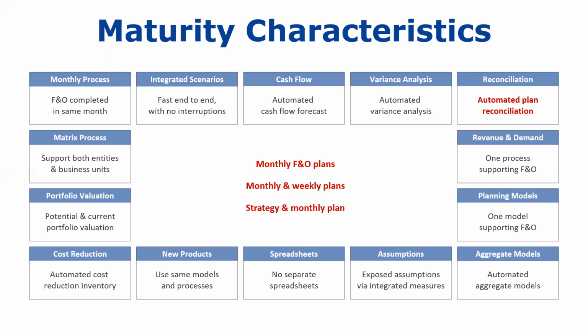Likewise, one of the other things that's not the best in a lot of processes is the reconciliation between the monthly operational process and the weekly plans. So in a lot of cases, how these monthly processes are deployed into weekly planning processes, again, tends to be terribly manual and not always reconciled.